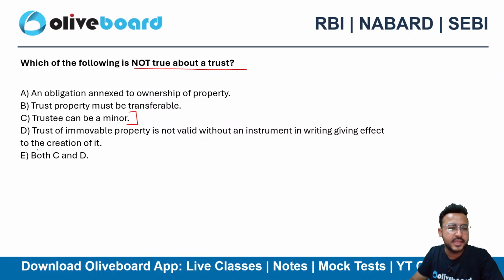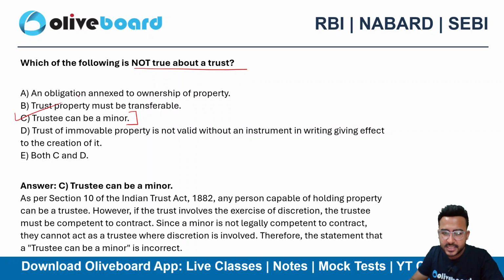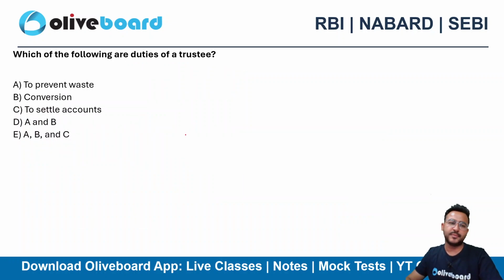Both C and D. The correct answer here is C. Trustee can be a minor, this is not true. Only a person who is eligible to enter into contracts can become a trustee, and a minor is not at all eligible to enter into any contract legally, right? बाकी सारे points यहाँ पे सही हैं, ये particular है जो सही नहीं है.